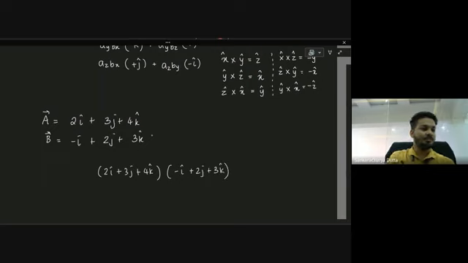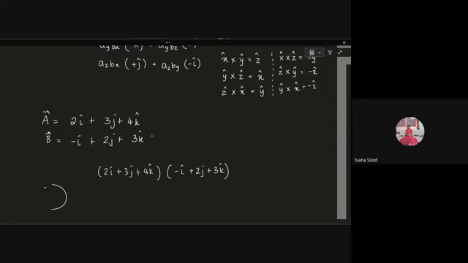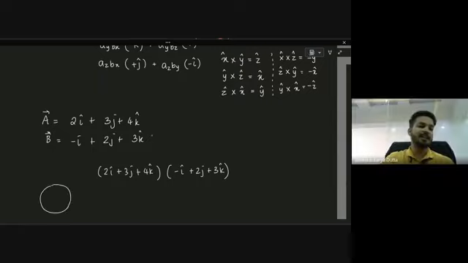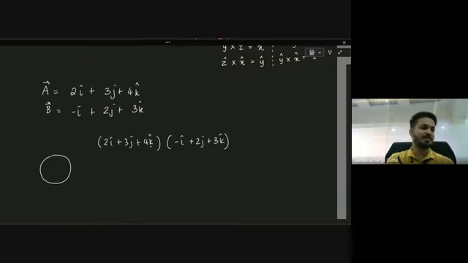Sir, do they always have to be written in the order i, j, k, or can it be in any order? If you write in the wrong order, no one is going to blame you, but the general convention is to follow the XYZ pattern.